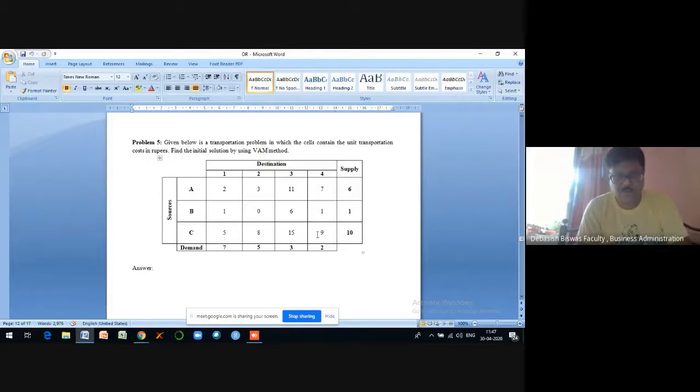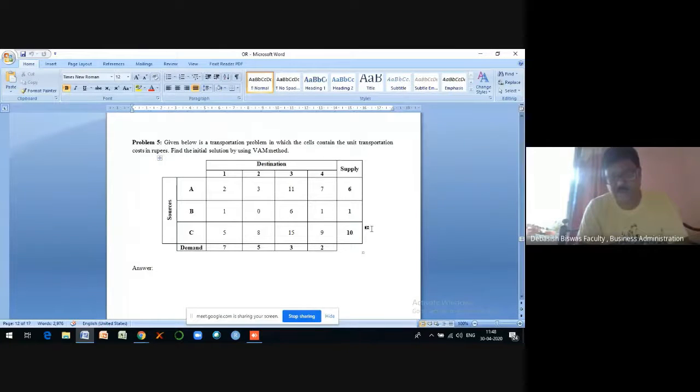In the third row, the smallest elements are 5 and 8. The difference will be 8 minus 5, not 5 minus 8. The smallest element is deducted from the other element, which is higher.